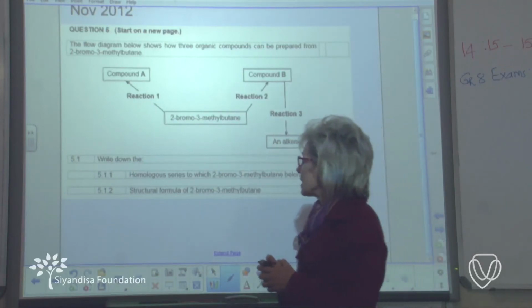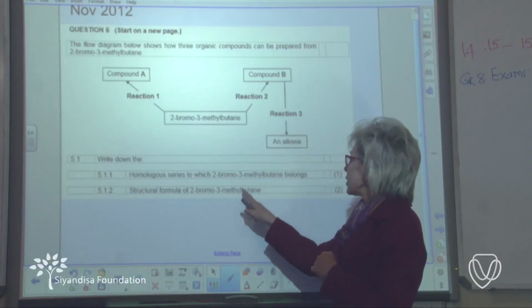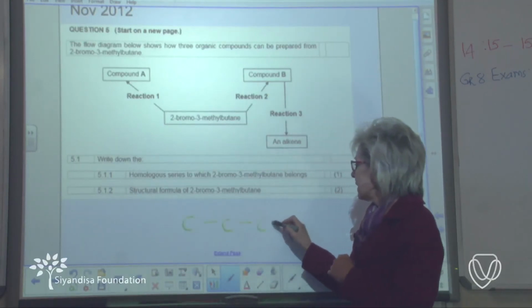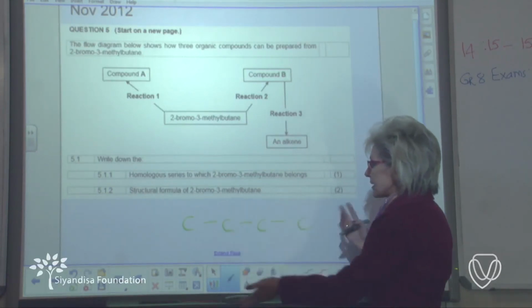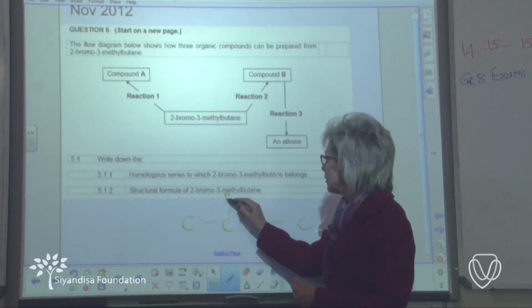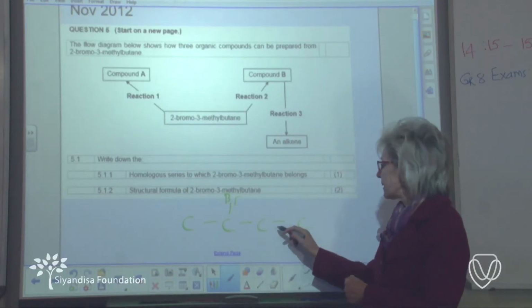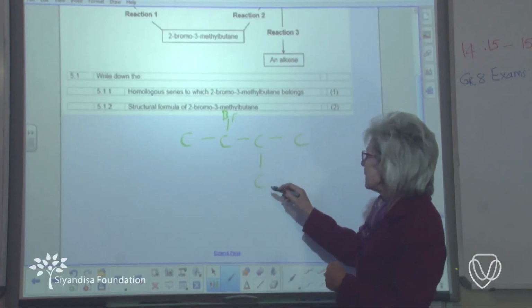And the next question asks for you to draw the structural formula. And our main chain is butane, which means we start off with butane, drawing the 4 carbons. Then, it doesn't matter at which side you start to number it. On carbon 2, there must be a bromine group, so that is Br. On carbon 3, there must be a methyl group, and it's very important to remember that you may not write CH3.